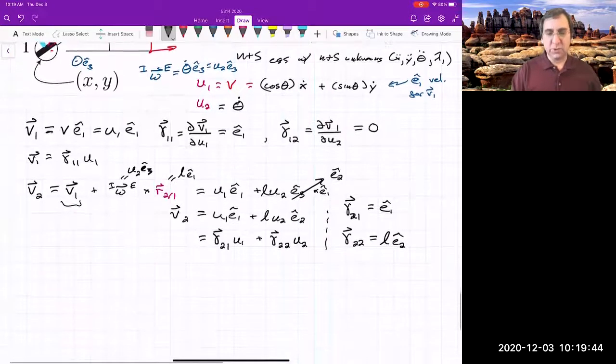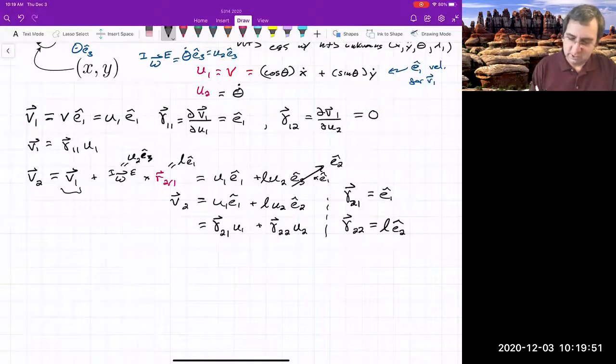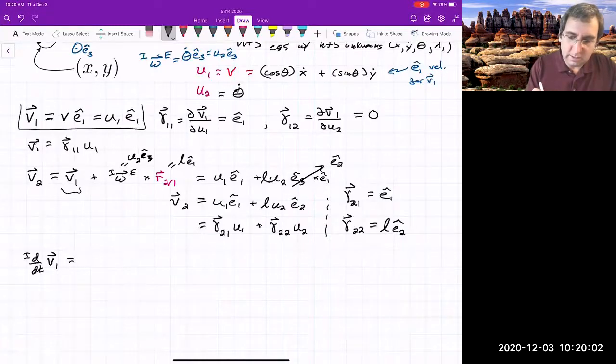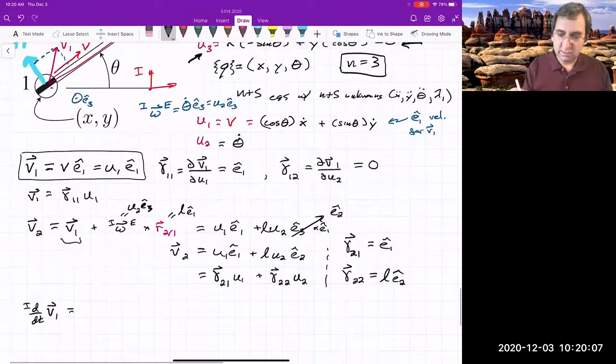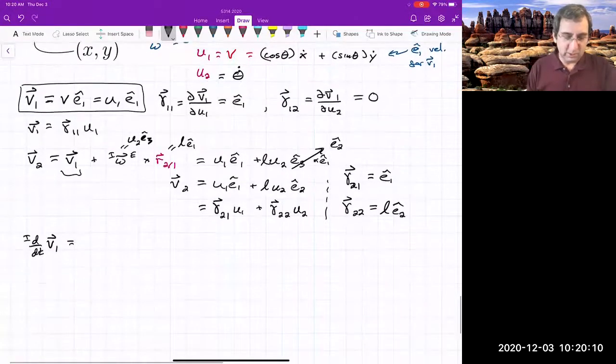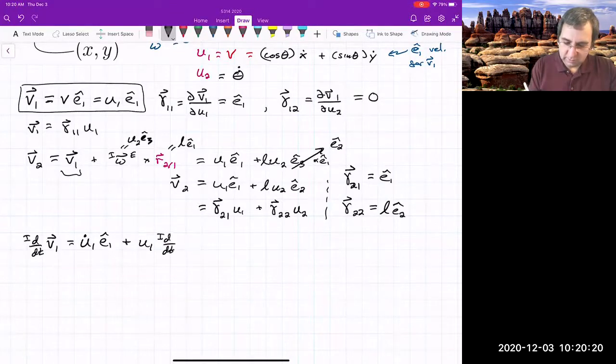Now let's take inertial derivatives. We've taken inertial derivatives enough that hopefully you can do this. The inertial derivative of V1: remember what V1 was up here? I don't even know why I introduced this V; you don't need it. We'll write this as u1 dot E1 plus u1 times the inertial derivative of E1.